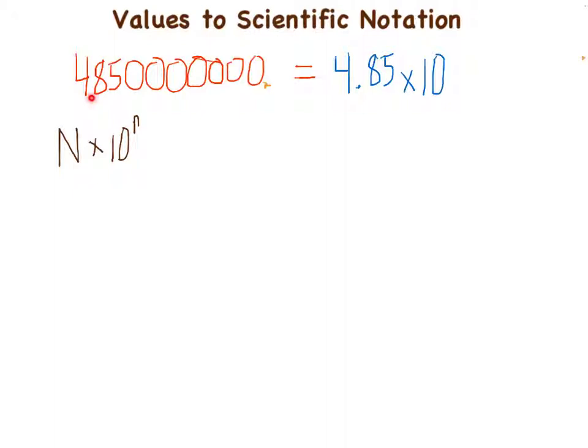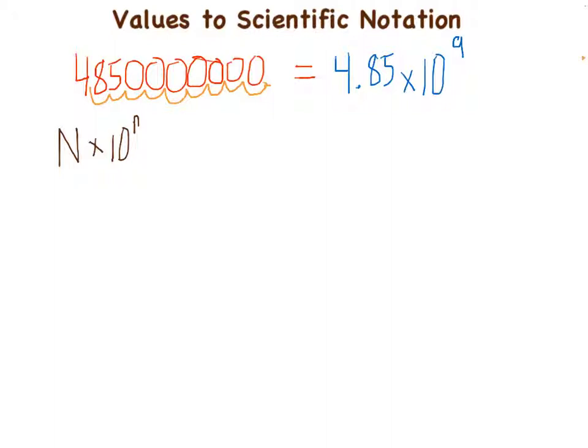So all we have to do is count how many places we have to move. Alright, so you ready for this? 1, 2, 3, 4, 5, 6, 7, 8, 9. Now we moved 9 places. So therefore, we know that this is going to be times 10 to the 9.